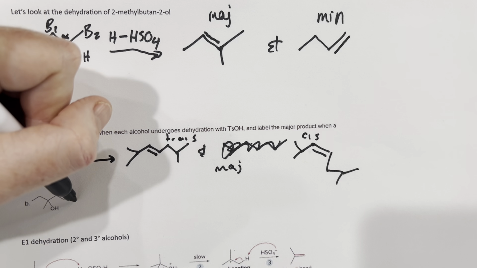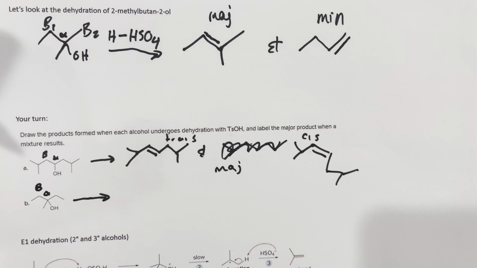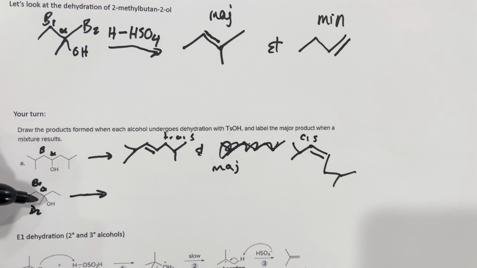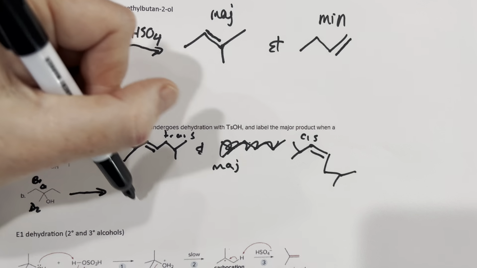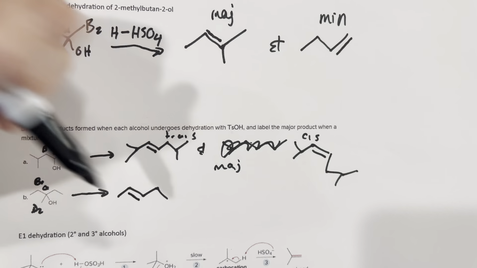All right, let's do this next one. This would be our alpha. Our beta would be right here. There's symmetry, so both of these betas are the same. So this would be my beta 1. I also have a beta 2 down here with this methyl group. So we could get this.